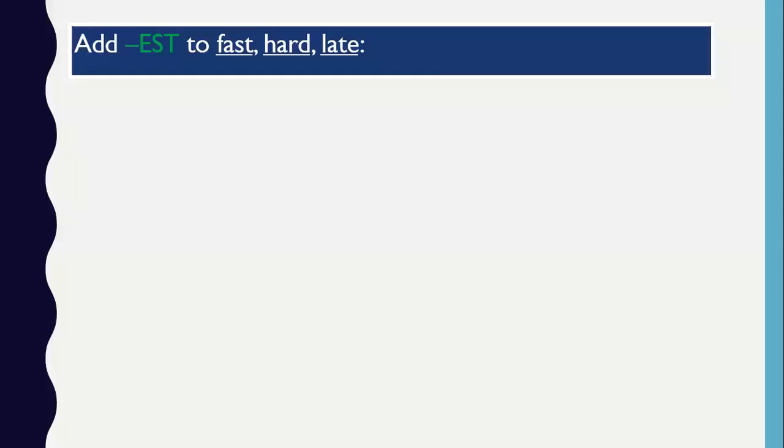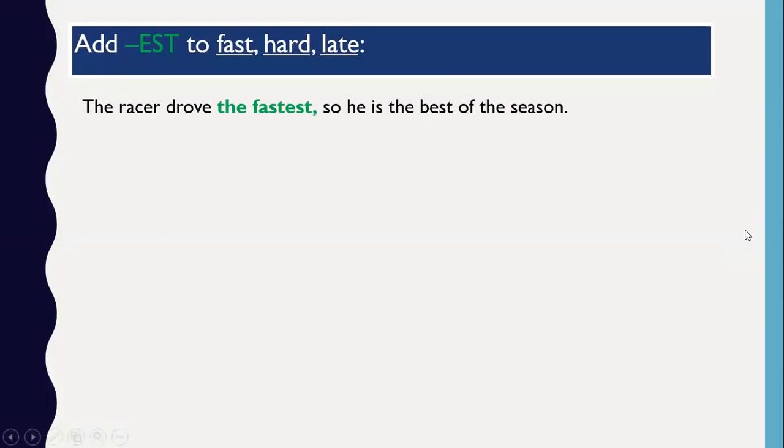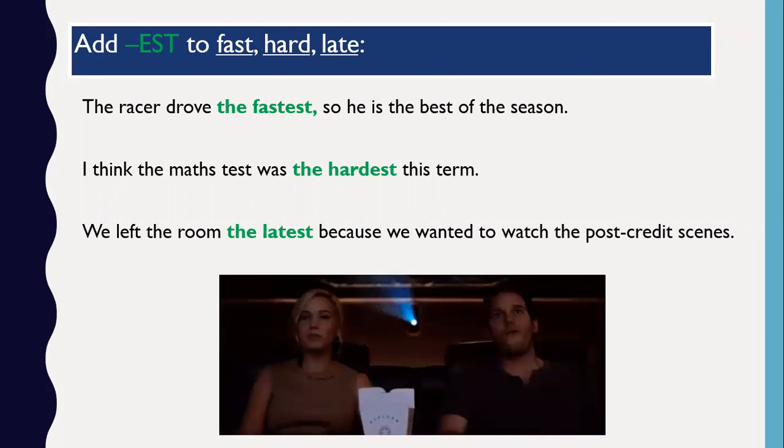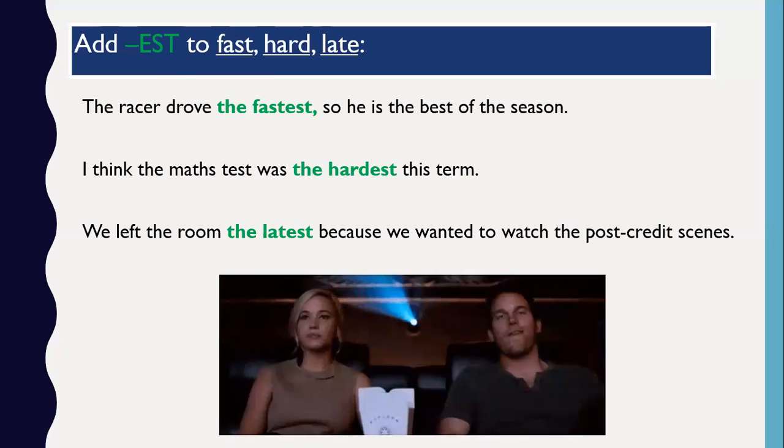Kalau tadi kan pakai er, sekarang pakai est for fast, hard, and late. The racer drove the fastest, so he is the best of the season. I think the math test was the hardest this term. We left the room the latest because we wanted to watch the post-credit scenes.